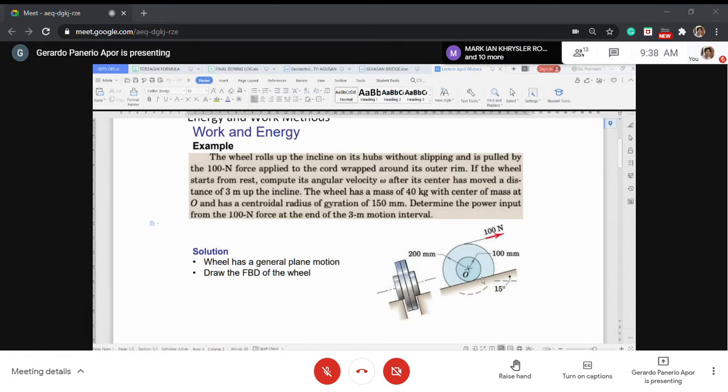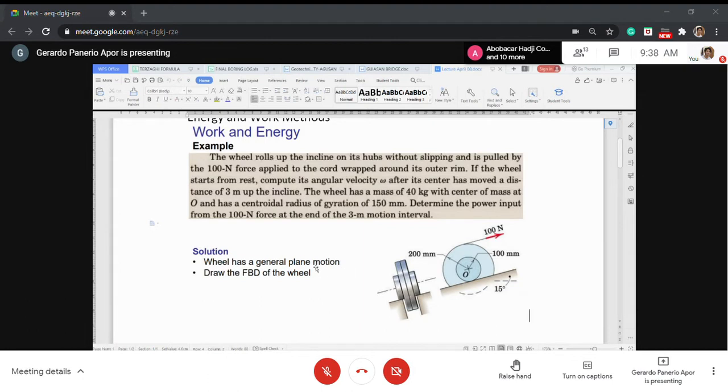The radius of the bigger disc, for the outer rim, is 200 mm, while the radius of the inner rim is 100 mm.